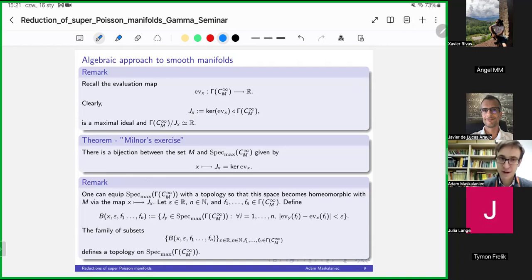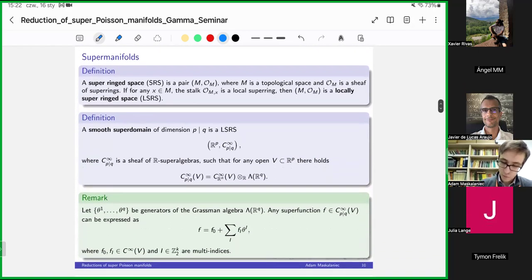So given a ring of smooth functions on a manifold, we may reconstruct its topological space, and from this topological space, again, we can construct a ring of smooth functions. So everything here is equivalent, and it turns out that in supergeometry, it is different.